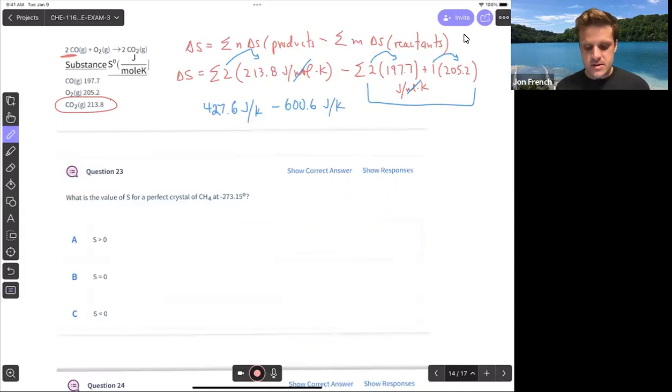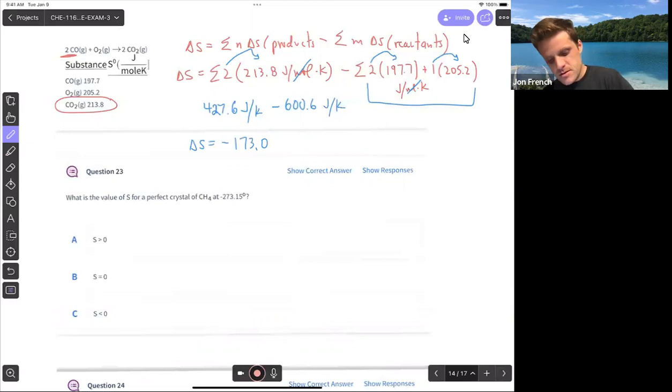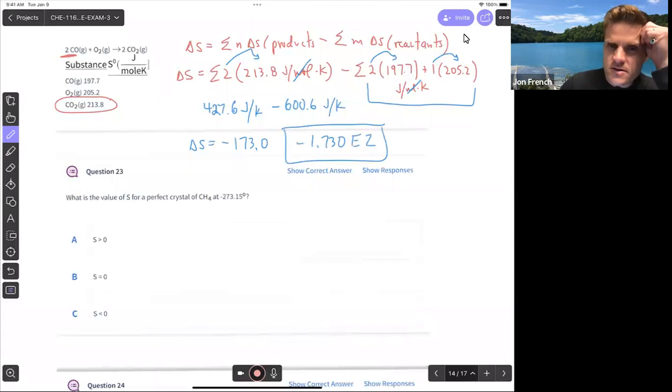We're going to have to answer this to 4 significant figures, which is 1 decimal place. We subtract across, and I'm going to get a change in entropy for this reaction of about negative 173.0, so negative 1.730 e to the 2 should be our answer to 4 significant figures.